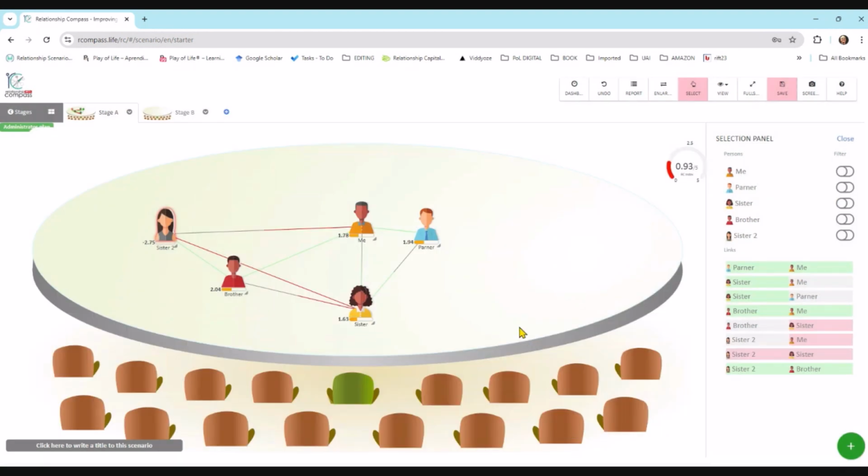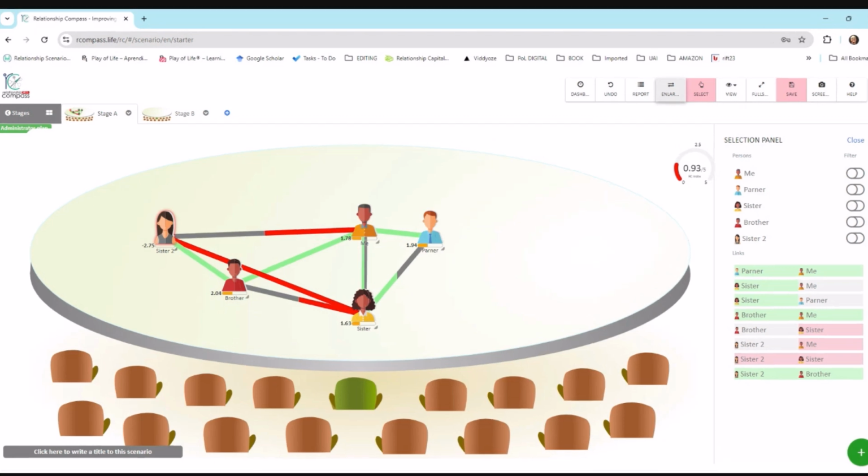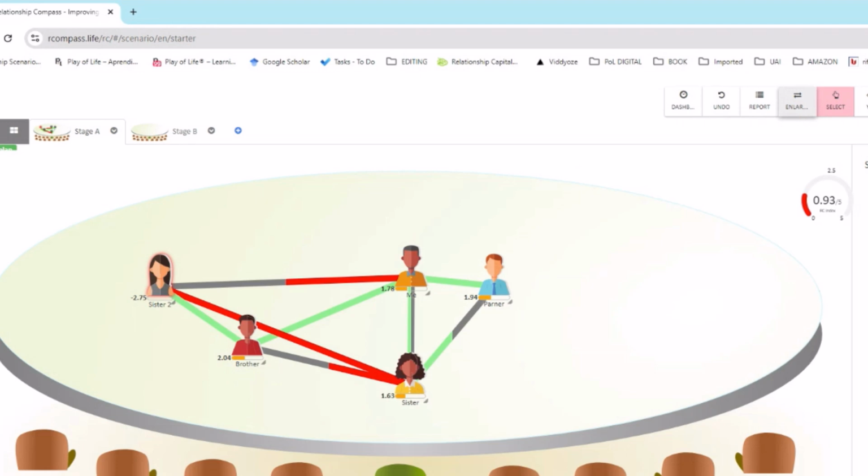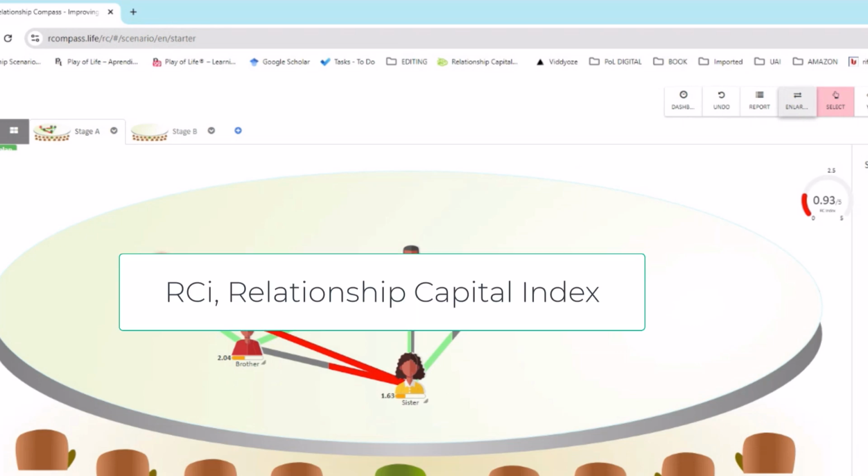So now we have the system here. We have the relationships, telling what happened between the people, the distance, but also how much interest there is to make this work well. All of that has an algorithm, has been measured, and that is called the relationship capital index.